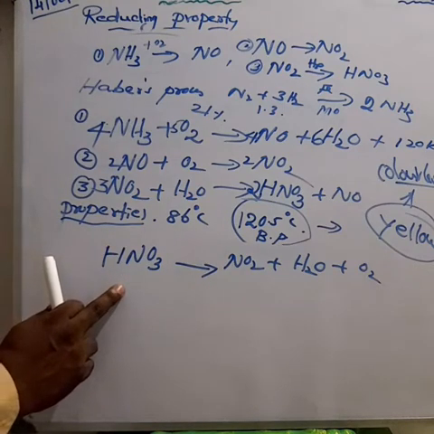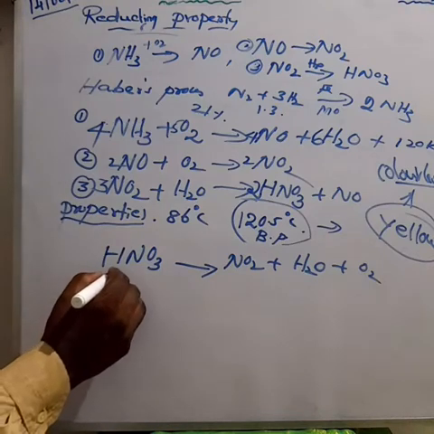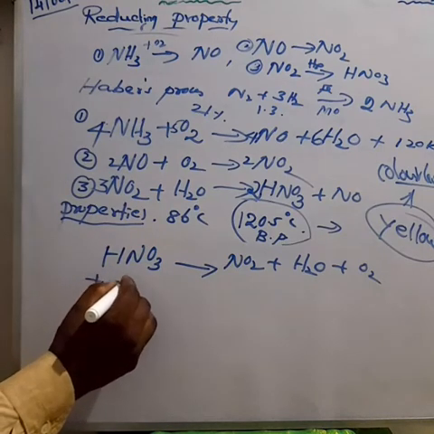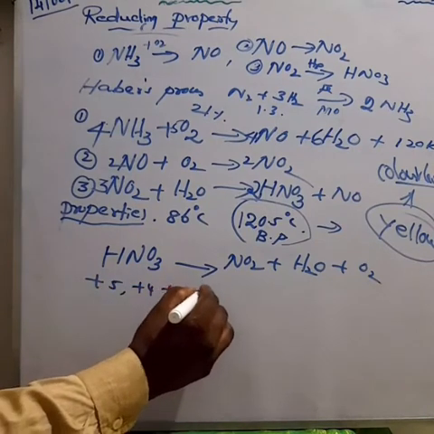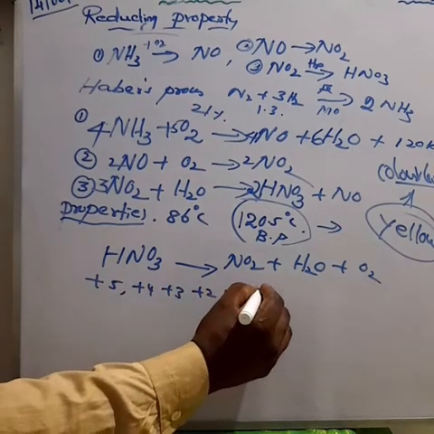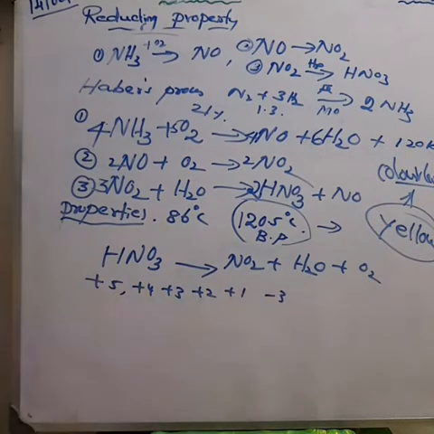Nitric acid acts as an oxidizing agent. The oxidation state changes from +5 to lower, that is +5 to +4, +3, +2, +1, like that. Maybe it becomes -3 also; it goes to ammonia, it becomes -3.